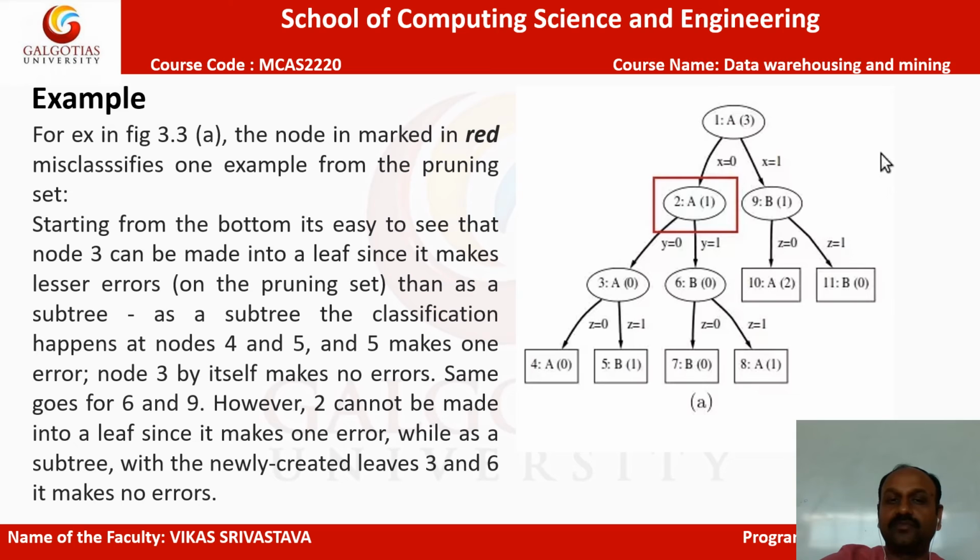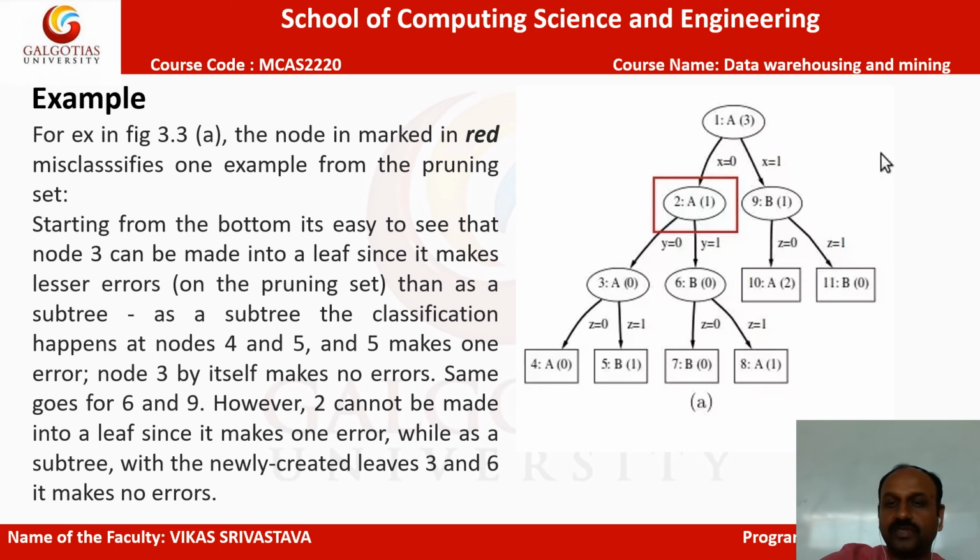Starting from the bottom, it is easy to see that node 3 can be made into a leaf, since it makes fewer errors, because it has zero error. As a subtree, the classification happens at 4 and 5, and 5 makes one error, because here is one error, here is zero error, here is zero error. So node 3 itself makes no error.